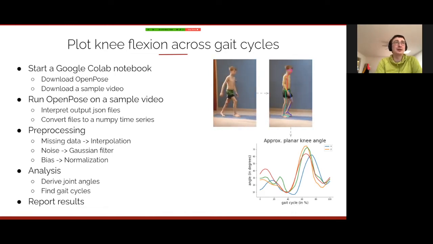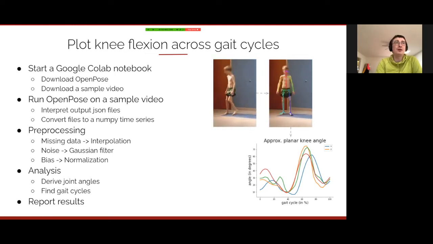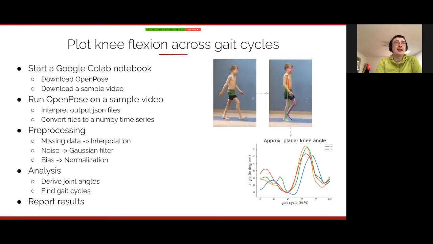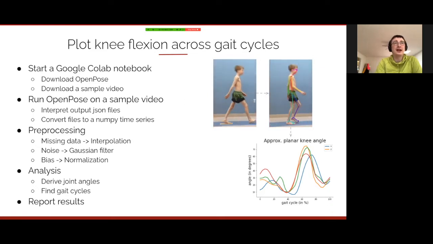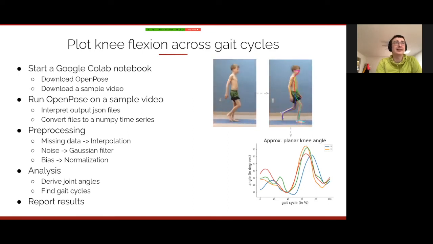I will show you how to download OpenPose into this environment, how to run a simple sample video within this environment, how to interpret the results that you get from OpenPose, and how to convert the output to a NumPy array, which is a way in Python to manage time series data or any matrix of scalar data.